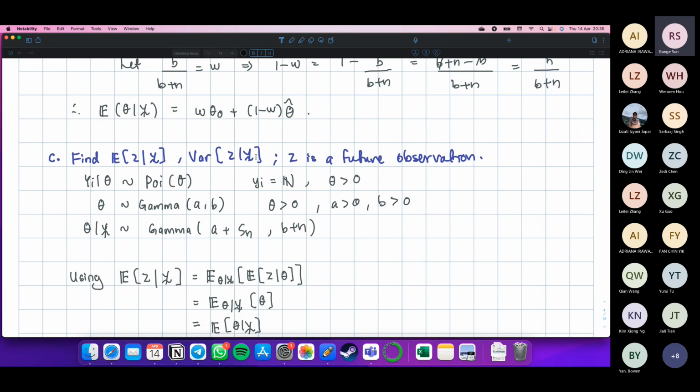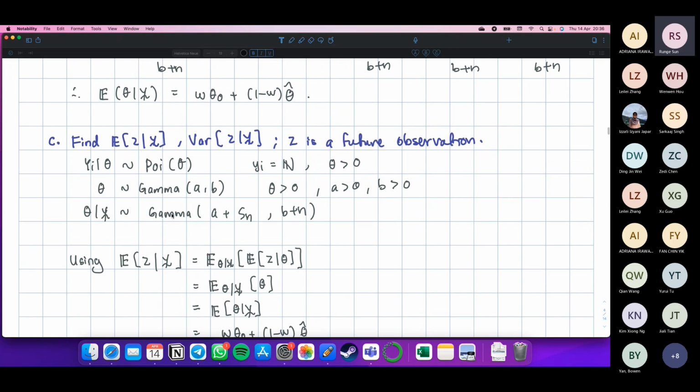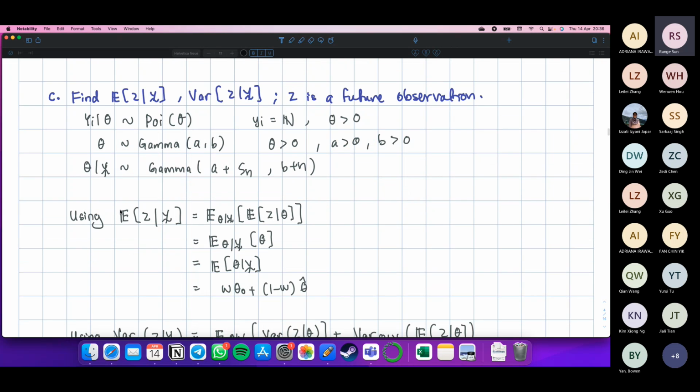So for 1C, we are to find the expectation of a future observation and the variance of the future observation. These were the results from the previous questions. So we have this formula here where the expectation of the future observation can be found.